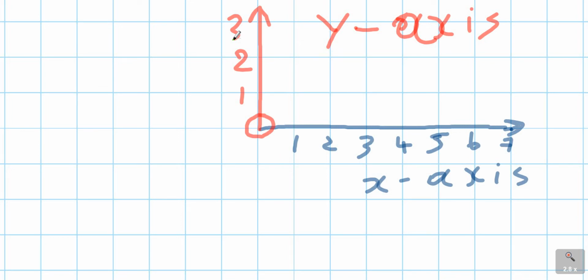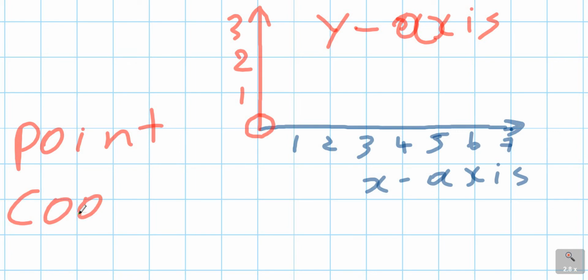And so if we were to put what we call a point, or what's called a coordinate, you could actually interchangeably refer to them in whatever name or title you want to give them.